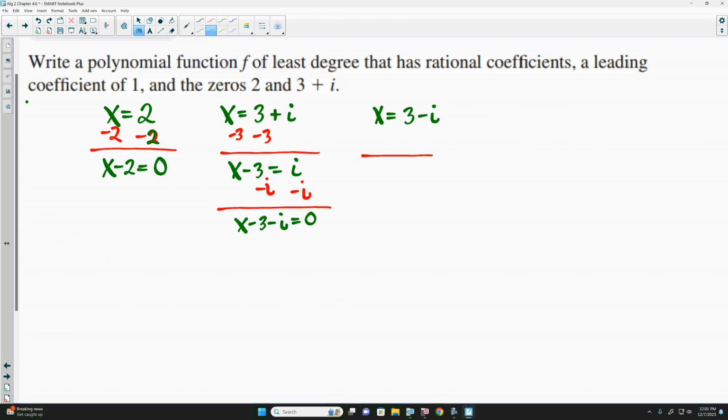And then lastly, the last one, we'll do the same thing. We'll get it equal to 0, so the first thing we'll do is subtract 3. Telling us for this one here, x minus 3 is equal to negative i.